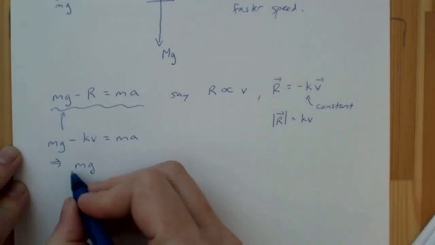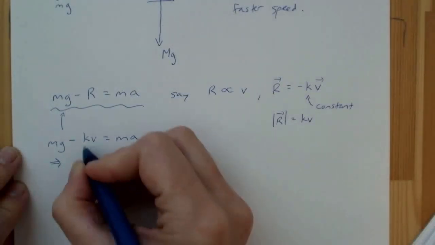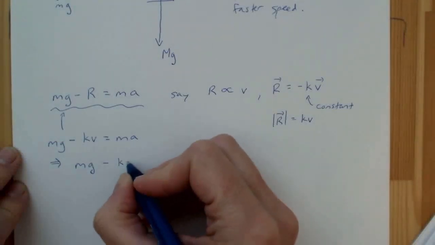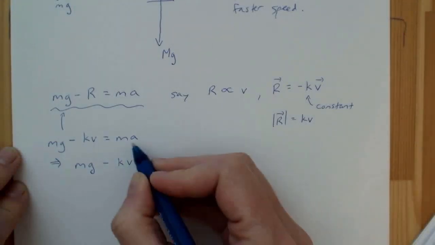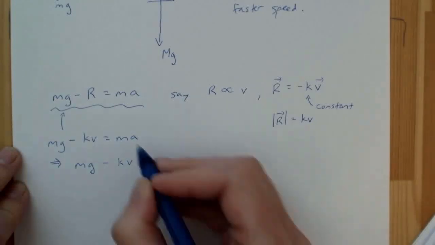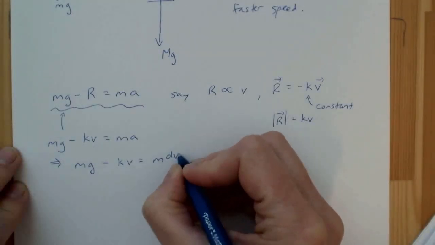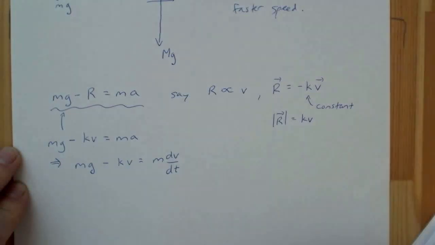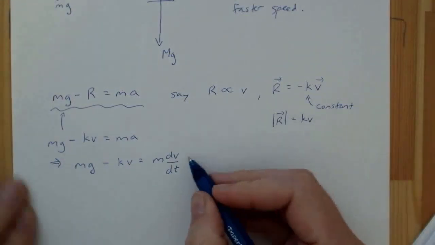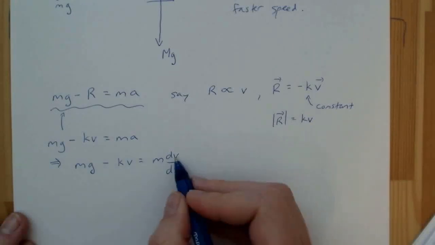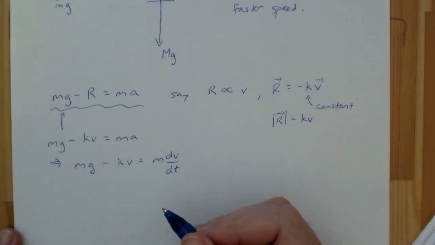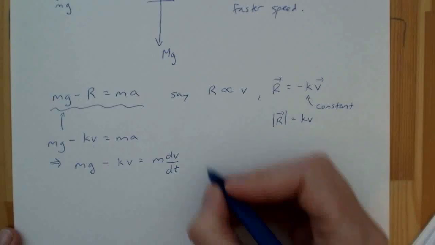So mg minus k times v is equal to the mass times the acceleration, but remember that the acceleration actually depends on the velocity. So that's the mass times dv/dt. And so you actually now have velocity as a function of time as a result for this.